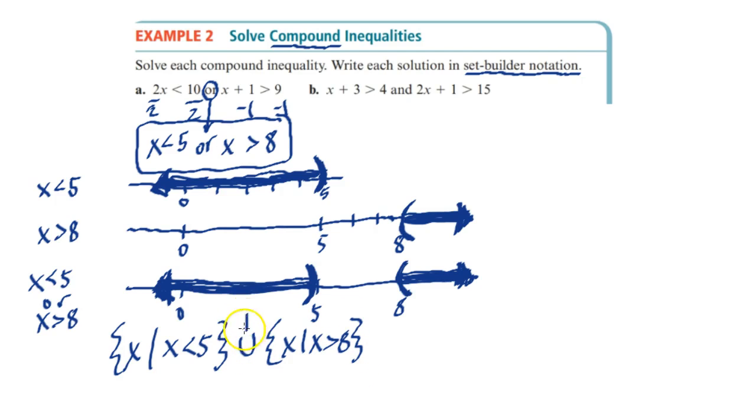Now, this is called union. That is the symbol that represents OR. And we ended up finding out when we graphed it that it just ends up being the two intervals put together. So we have x, vertical line, x is less than 5 or x is greater than 8.